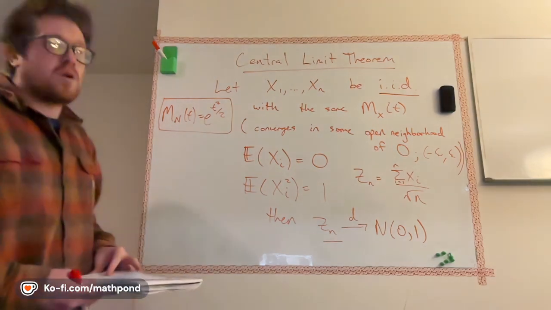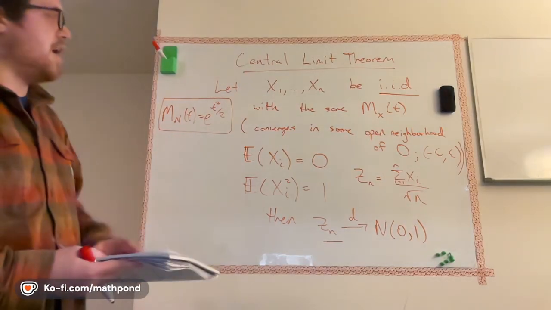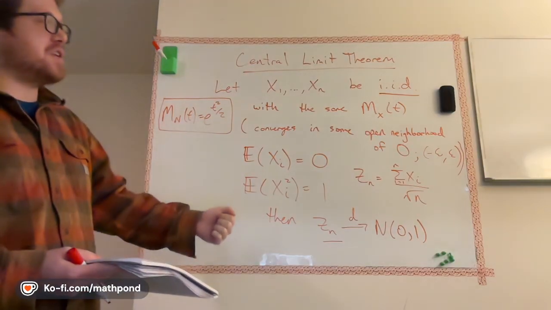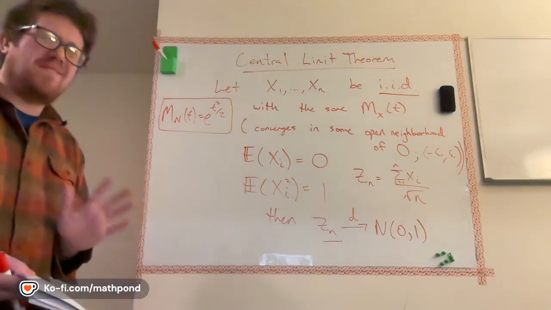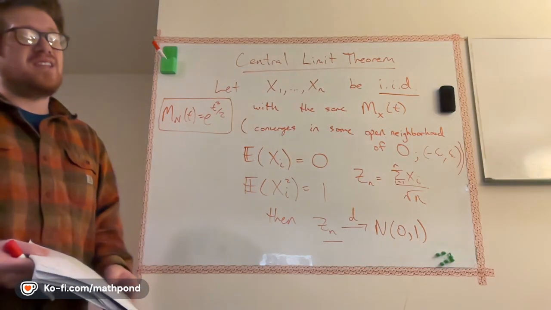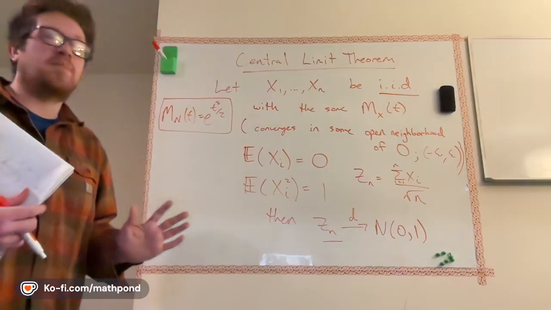All right, if there are no questions, I'll just move on to the proof. So we're going to prove the central limit theorem first, and then I'll move on to using this to prove the Shreve statement. I'm kind of moving away from the notation in Shreve. It's not my favorite. It's basically the same argument, but I'm going to write it differently.